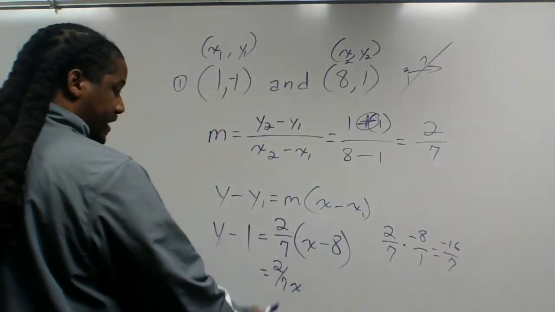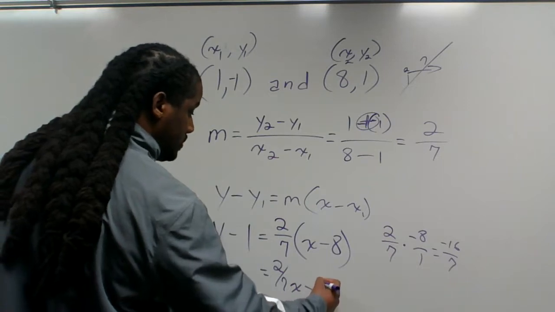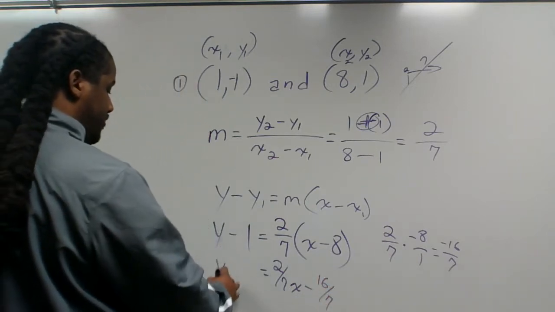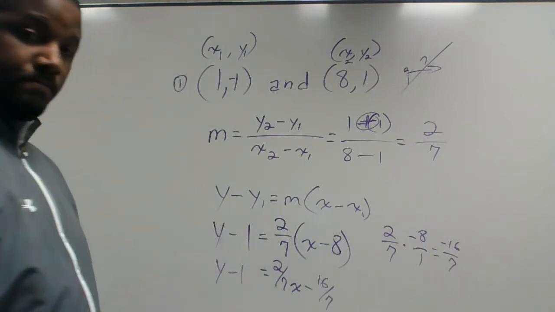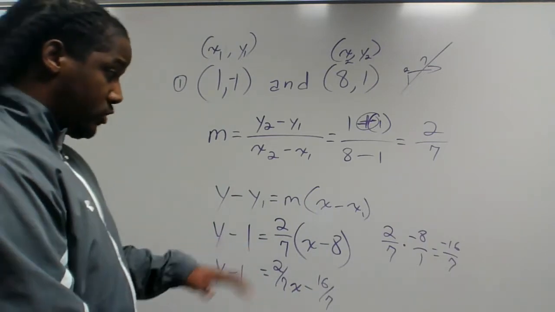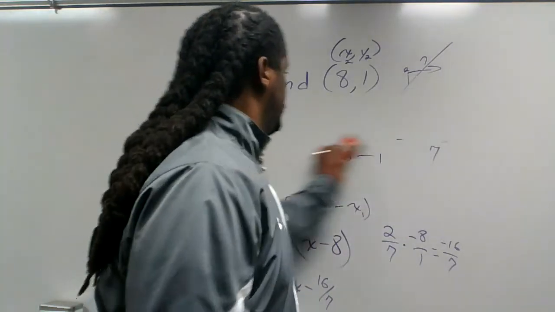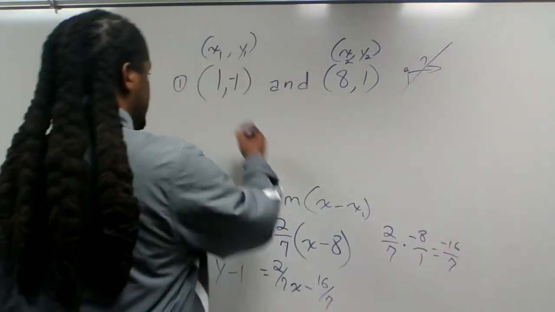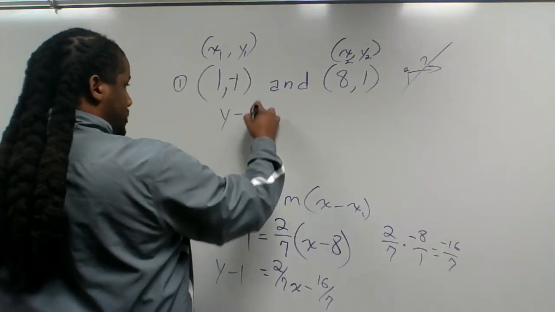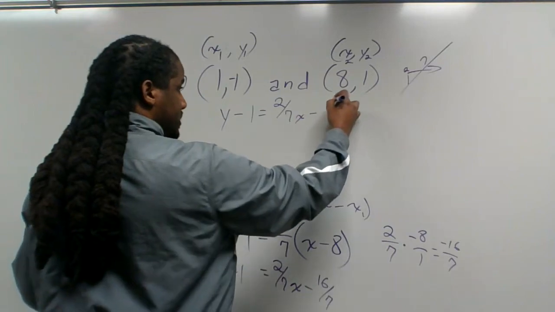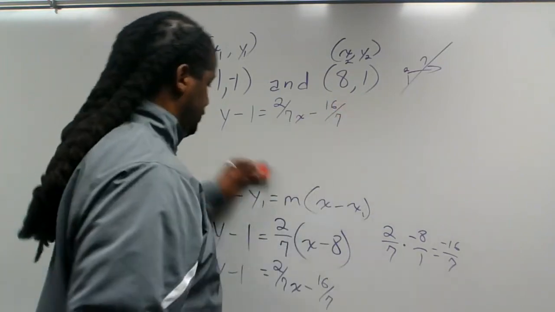So we have 2 over 7x minus 16 over 7, and on this side we have y minus 1. Just real quick, we're going to erase some of this so our board doesn't look as messy. We'll rewrite this: y minus 1 equals 2 over 7x minus 16 over 7.